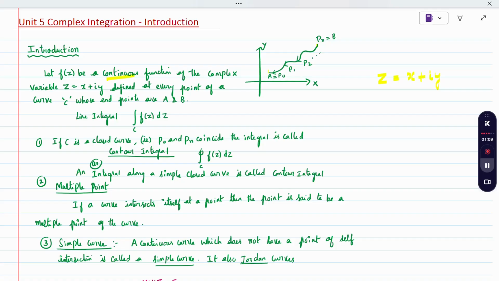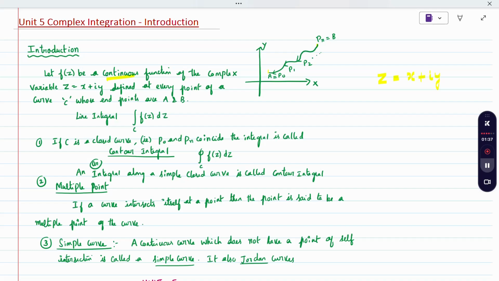What are all the curves we are using in contour integrals? We use simple curves, and we also use curves with multiple points. If C is a closed curve, then the point P0 and the point Pn coincide, and the integral is called a contour integral.